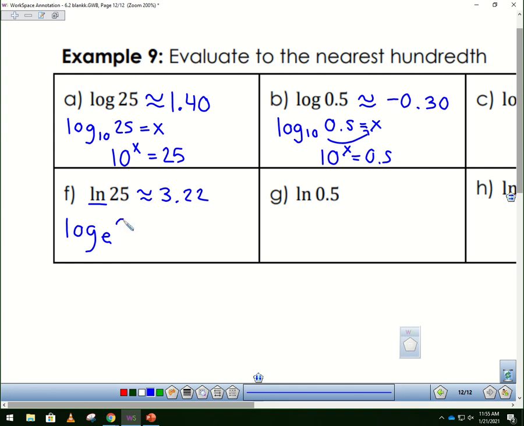So that's log base e of 25 is equal to x. If e to the x power is equal to 25, well, x would have to be 3.22. Then we'll do ln of 0.5. So 0.5, ln, comes out to be approximately negative 0.69.